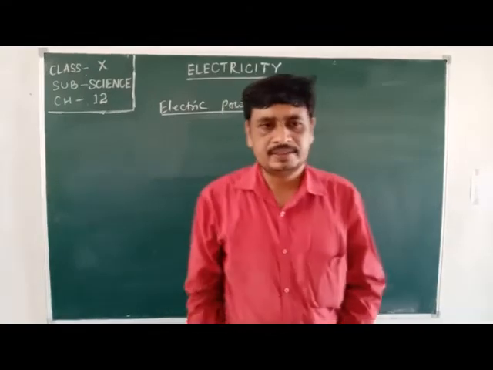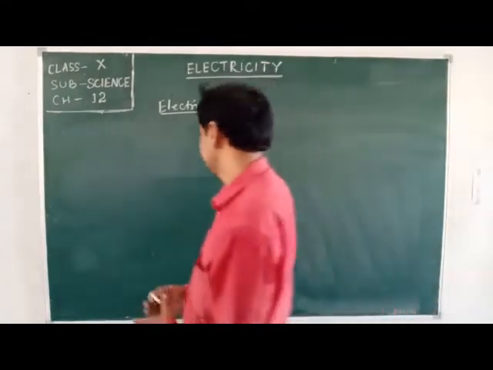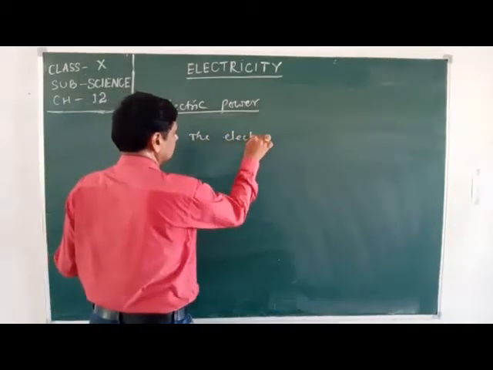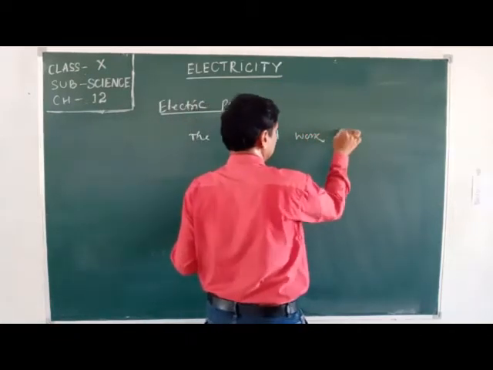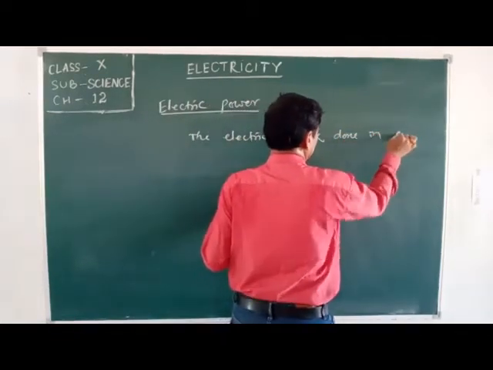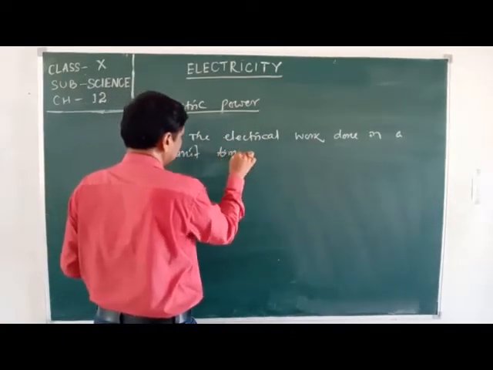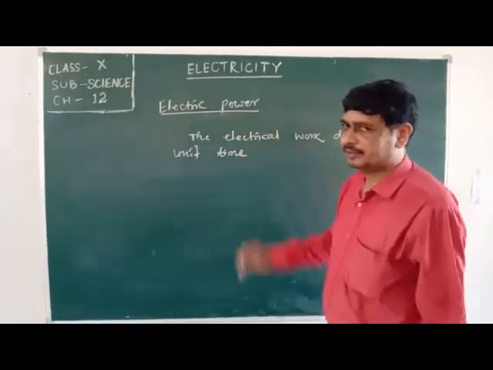Electric power is the electrical work done per unit time. The electrical work done in a unit time is called electric power.